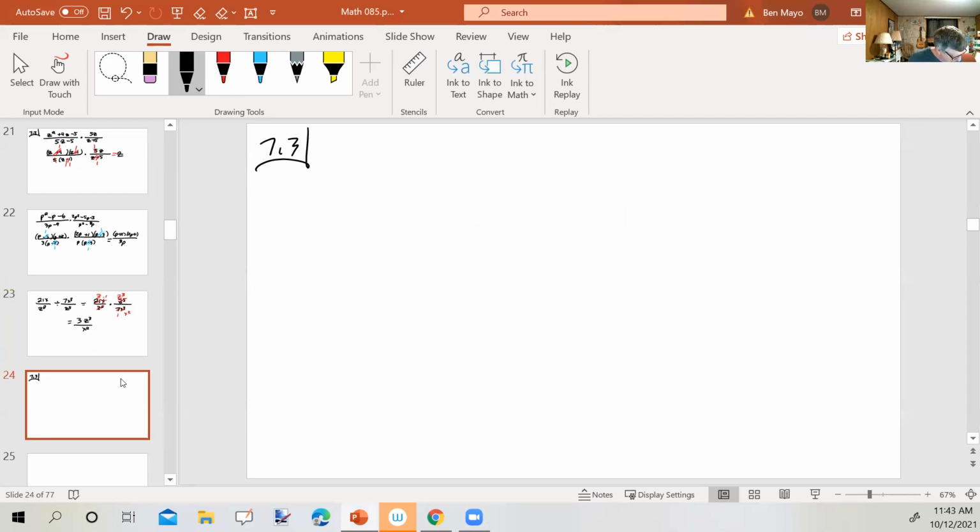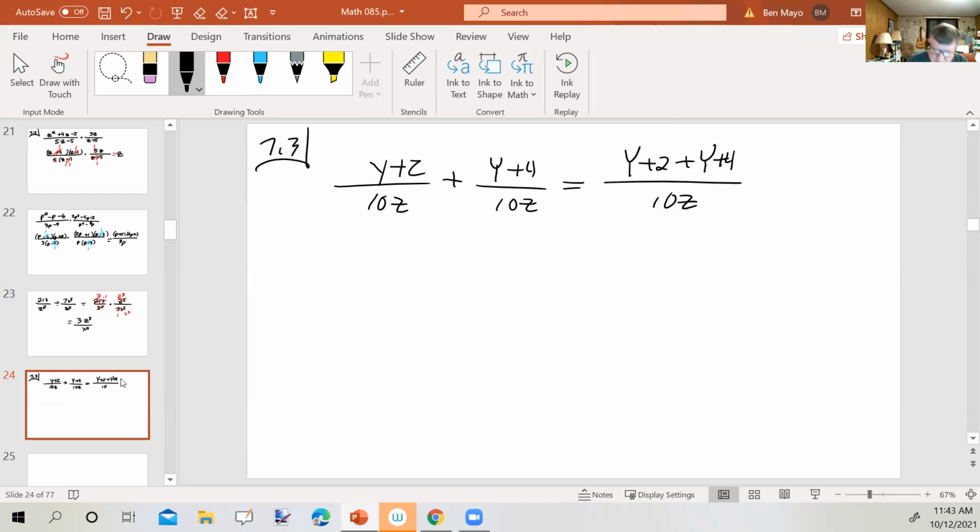So if you've got something like y plus 2 over 10z plus y plus 4 over 10z, you get y plus 2 plus y plus 4 over 10z. Adding two fractions with the same denominator, add the numerators over the common denominator. This becomes 2y plus 6 over 10z.